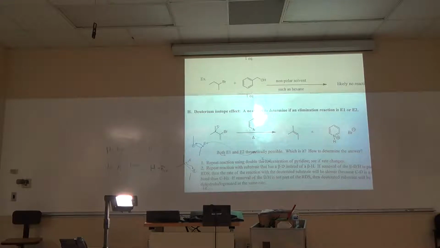If it's E1, does the strength of the C-D bond matter? Is the C-D bond broken in the rate determining step of an E1? No. It's broken in the fast step. If the bond is stronger, maybe the fast step is a little slower, but it's still the fast step.